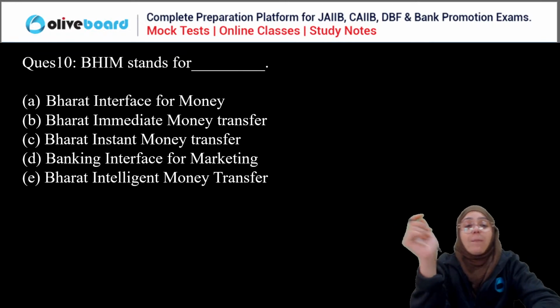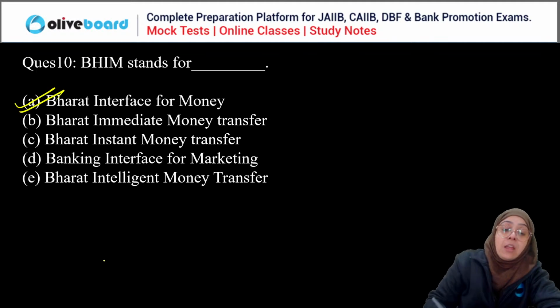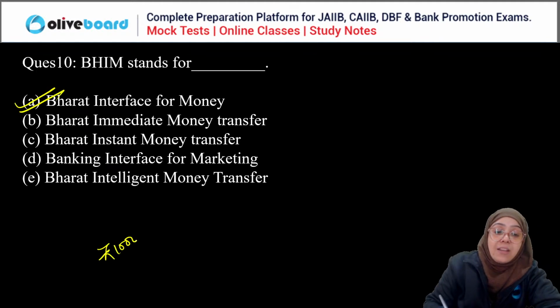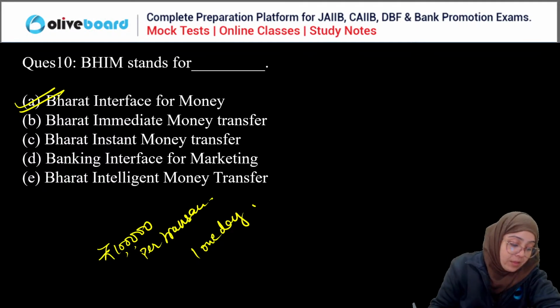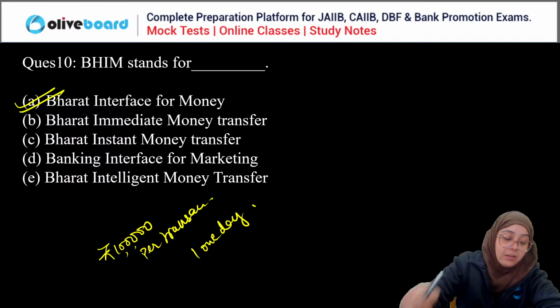So 1 lakh is the limit allowed in BHIM per transaction and in 1 day also. It is 1 lakh, not 20, not 40, 1 lakh, everyone.